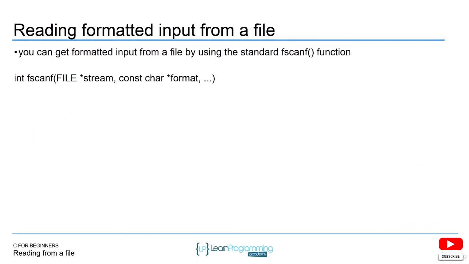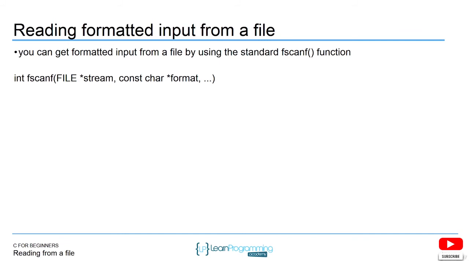So now we know how to read in single characters. We know how to read in strings until they read a new line or a number of characters. But you can also read in formatted input from a file. So we have getc, fgetc, fgets, and now we have another function called fscanf. This is formatted input. Formatted input is data that has a delimiter or has a specific format associated with it.